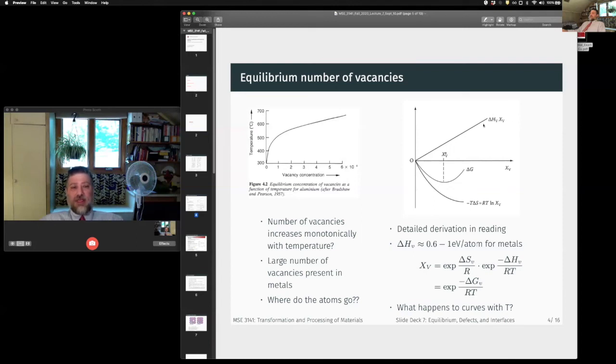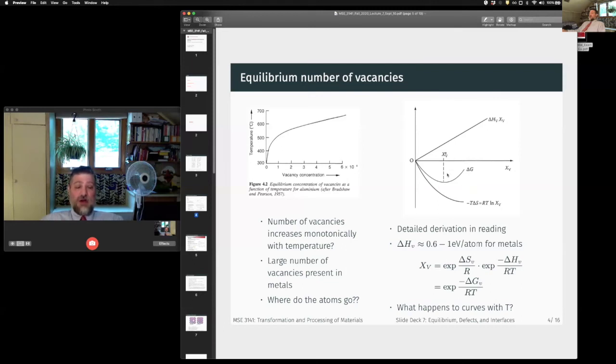And that's simply because the enthalpy of formation for a dislocation or a grain boundary is too high. This slope is too positive, and so the entropy term, the number of configurations that we gain, is not great enough to counterbalance the large energy penalty that we have to pay.